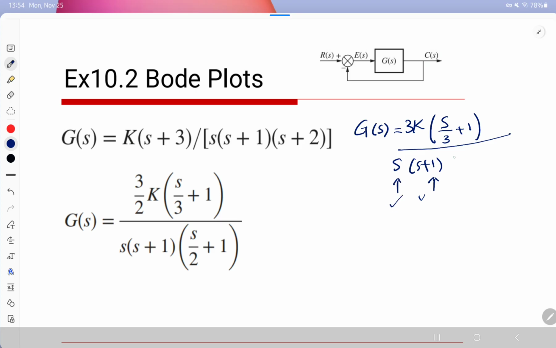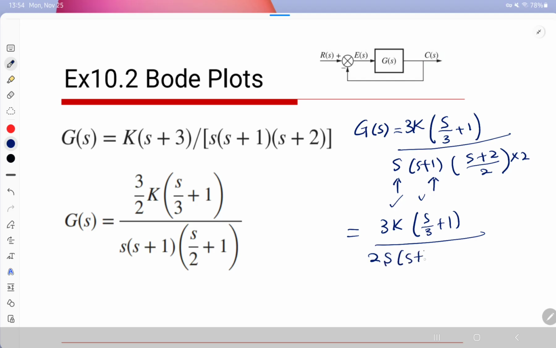But next one is S plus 2. So we divide by S plus 2 divided by 2. Since you divide by 2, you have to multiply by 2 for it. So you end up with 3K S over 3 plus 1 over 2S, S plus 1, S over 2 plus 2 over 2 is 1.